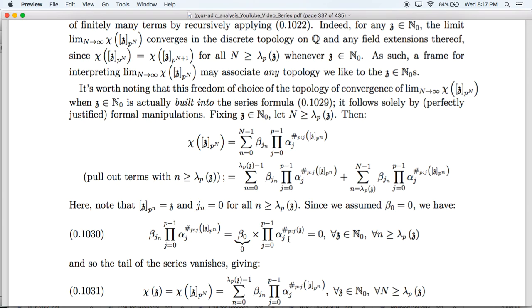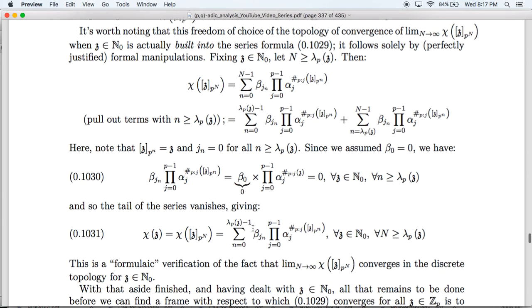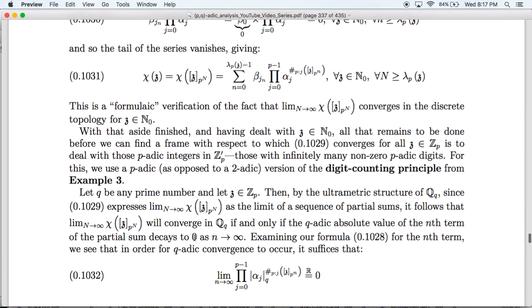Likewise, this just becomes the number of j's in z's p-adic digits. So this term over here vanishes, and we're left with this finite product. And so this is a formulaic verification of the fact that this sequence converges in the discrete topology when z is a non-negative integer. So now let's deal with all the other j's.